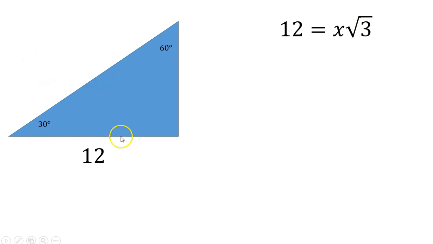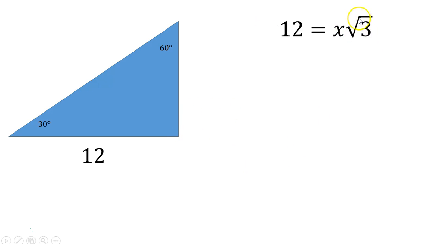This is that x times the square root of 3 length. And we know that 12 is x times the square root of 3 because 12 is the longer leg. So our job now is to solve for x. If we have a value for x, then we know the value of the short leg, and then we can find the value of the hypotenuse. So we're going to solve this algebraically for x to find out how long the short leg is.